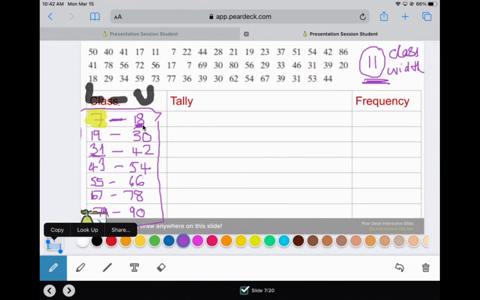And then for the next one, think of it like a Z, a zigzag. So 7, 18, and from 18 to get to the next lower number, you add 1 more.